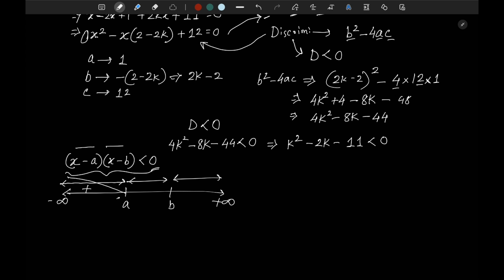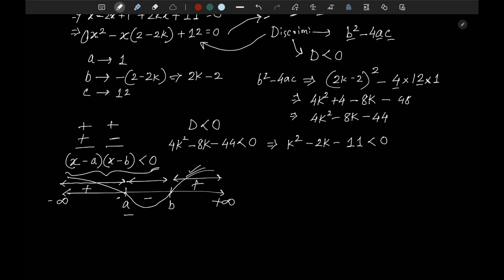Within a comma b, we have the value of x greater than a, so this will give you positive, but the value of x is less than b, so this will give you negative, and positive into negative is negative. When the value of x is greater than b and obviously greater than a, both x minus a and x minus b will be positive and the multiplication will be positive.